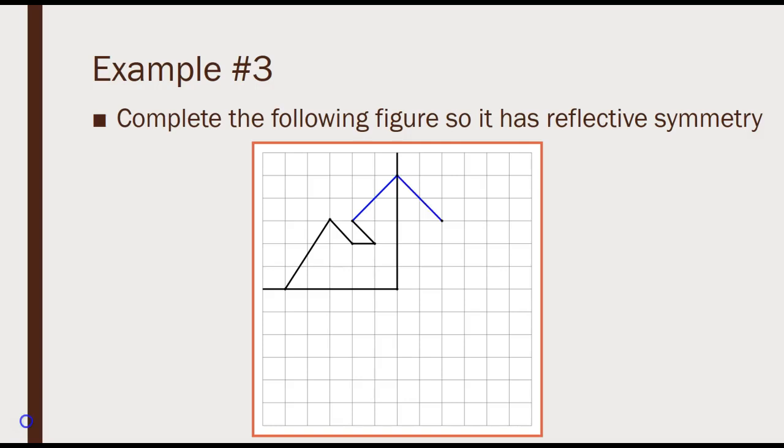Reflect it across the vertical line, and that's where it lands. Then I'll move on to the next segment and reflect it across the vertical line, and continue reflecting segment by segment until I have symmetry, or until I've finished that portion of the figure.